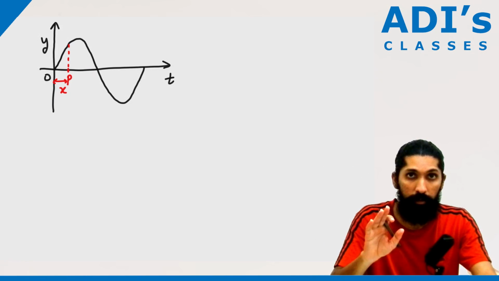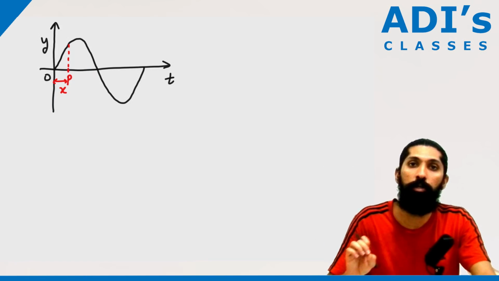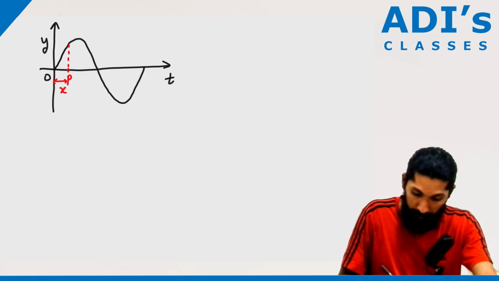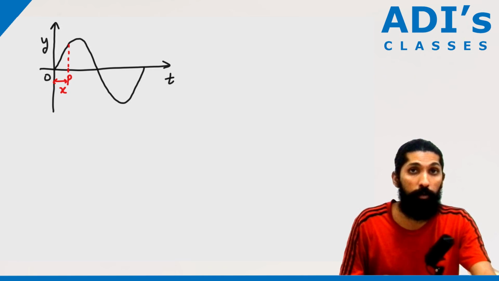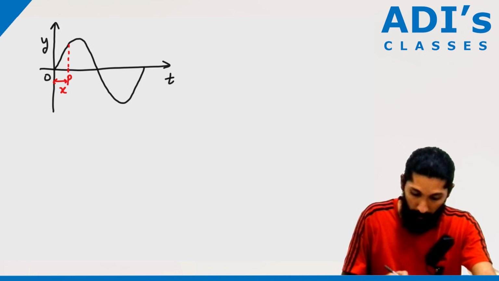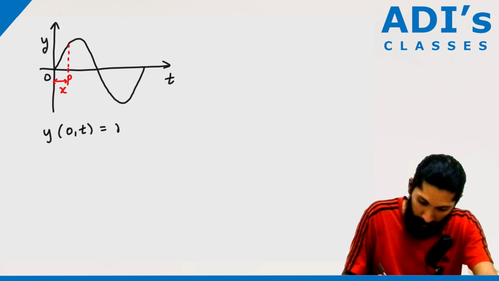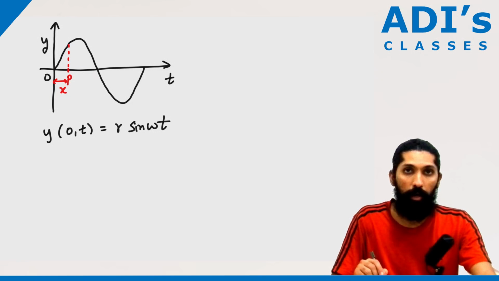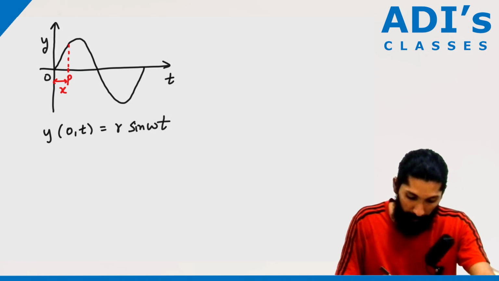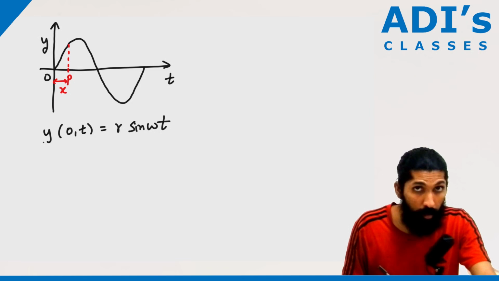Since it's a simple harmonic motion, we can write, remember we are talking about the initial part here, y of 0 comma t is equal to R sine omega t. Now, why do we write y of 0 comma t?